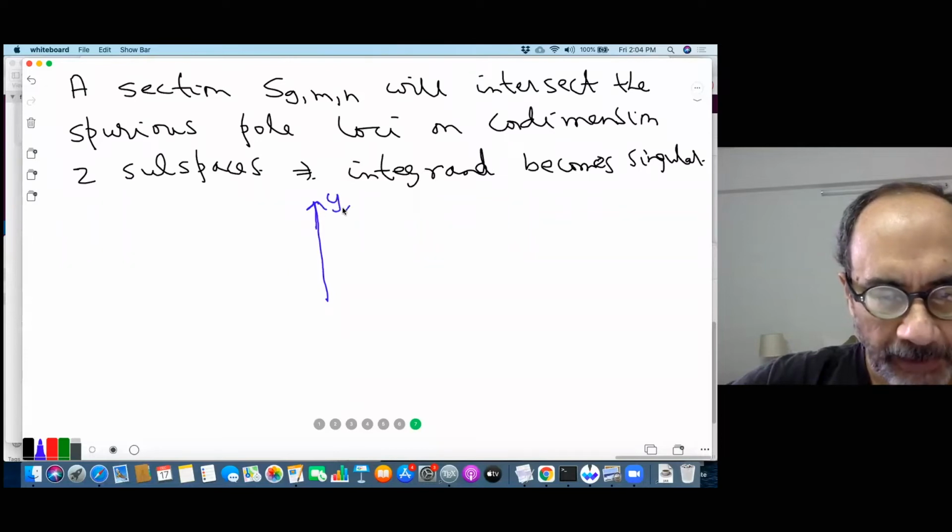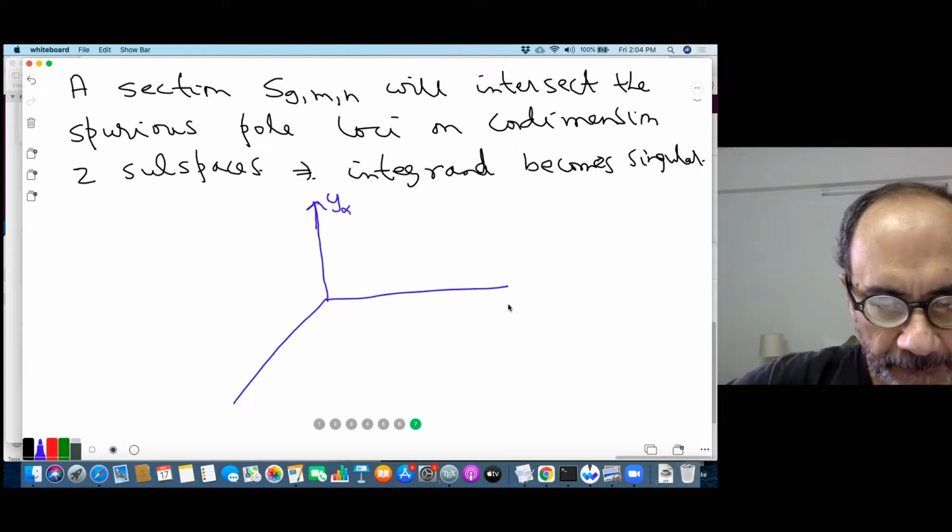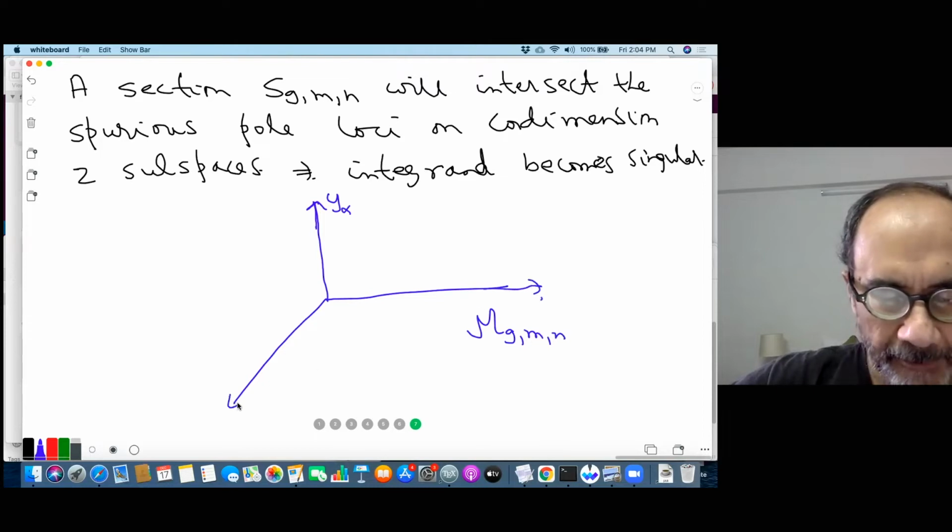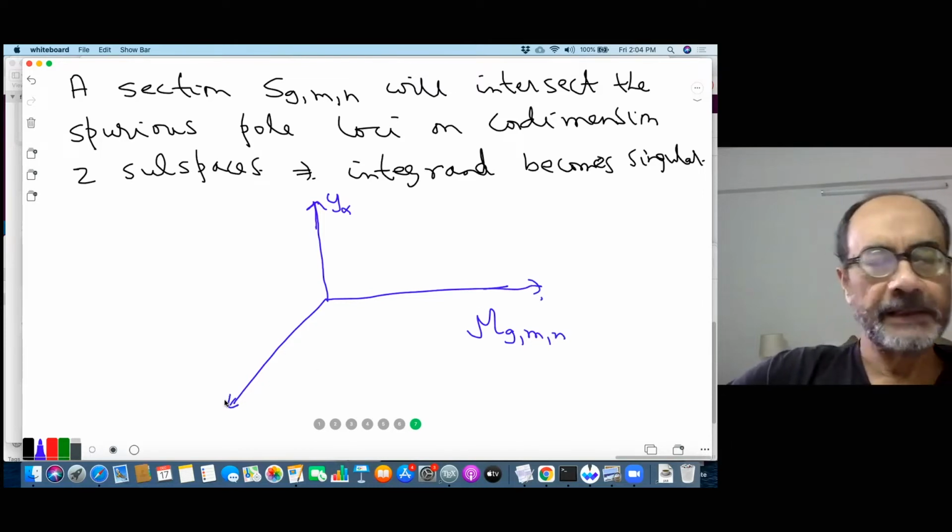So this is a fiber Y alpha, and a two-dimensional base MGMN. This is a representative picture.